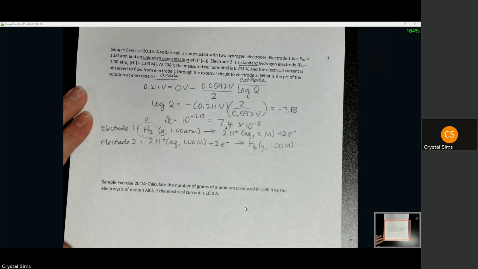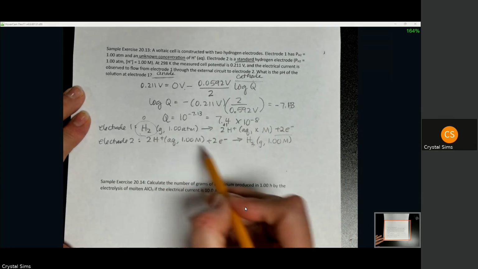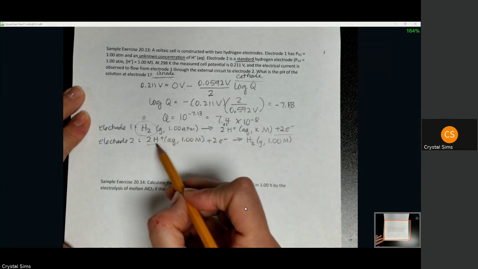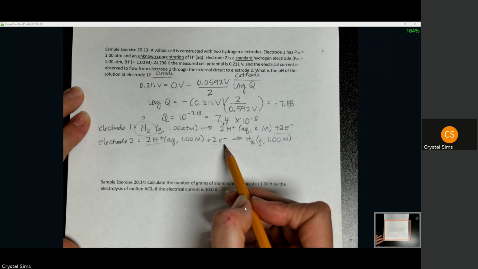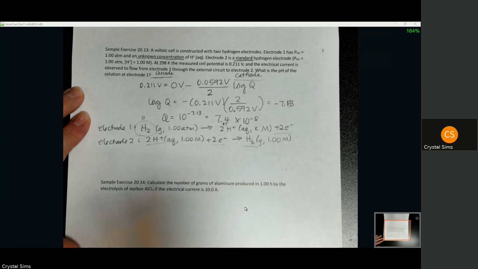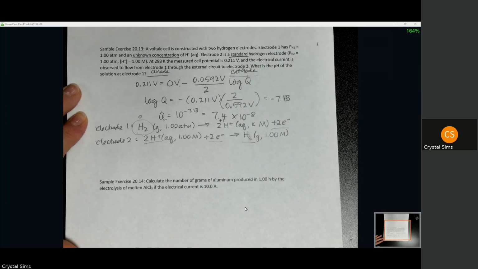The electrons leave there so that they could go to the second one, which had to contain just the hydrogen ions, that when they were able to join with the electron, formed hydrogen gas. I know this sounds kind of confusing, but it's like, okay, but I don't understand how you knew that.